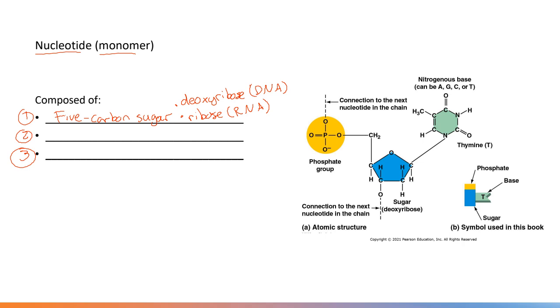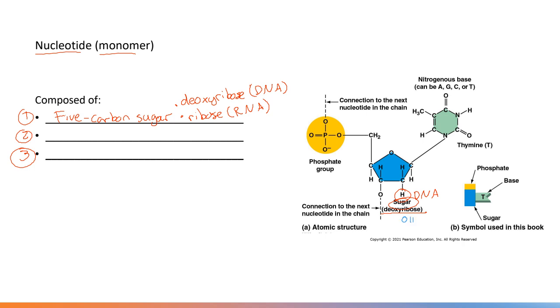Okay, in this case, it is deoxyribose because it has an H here, a hydrogen. This is going to be for DNA, the sugar for DNA. If instead it were a sugar for RNA, a ribose, the only difference is instead of an H, we would have an OH. Okay, functional group in a way.